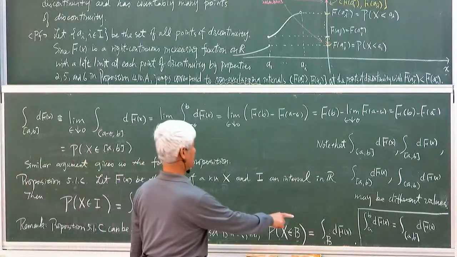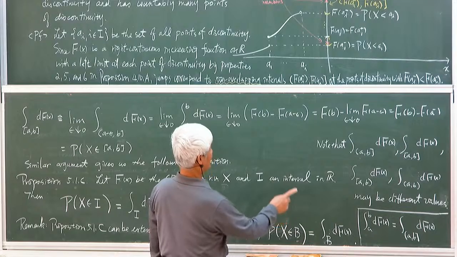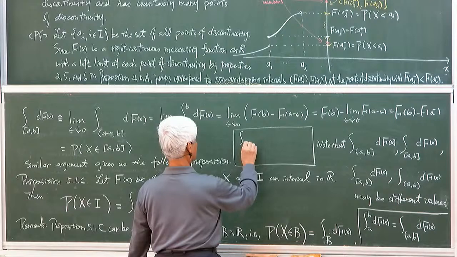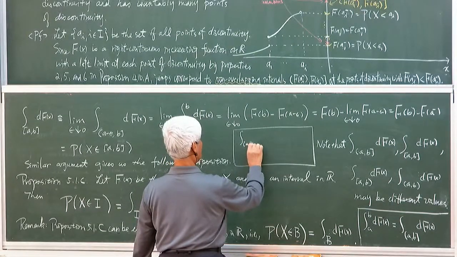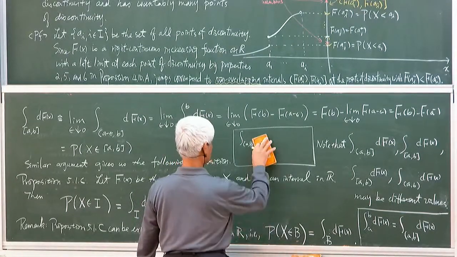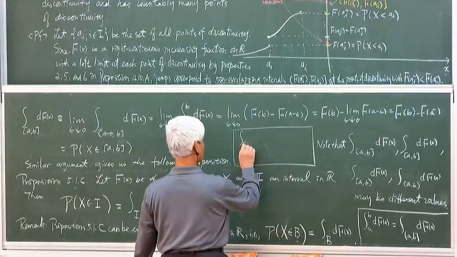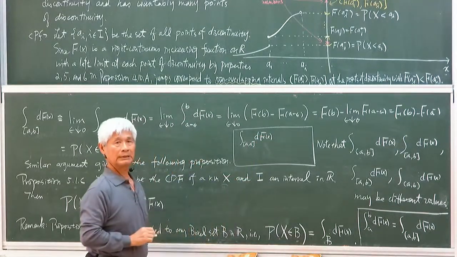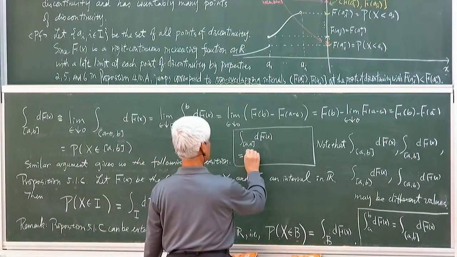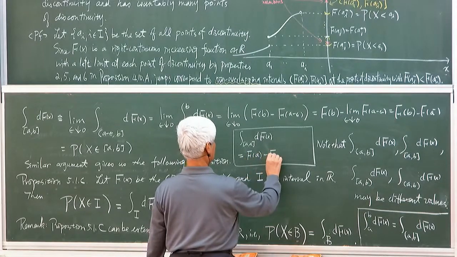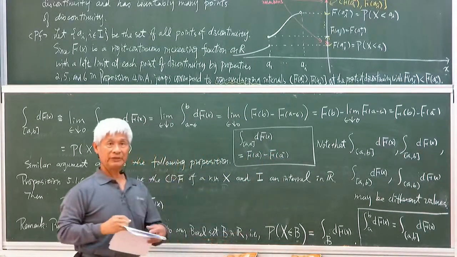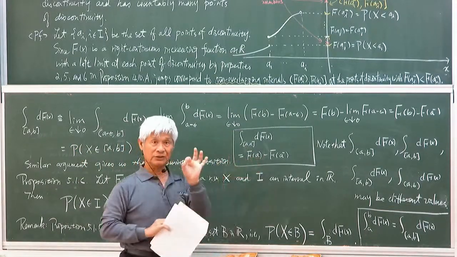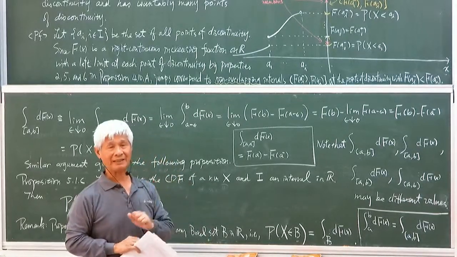So in particular, maybe I use it here. It's a point, right? So this interval consists of one point. So if the CDF has a jump at A, then this integral is just the jump size, which is positive.